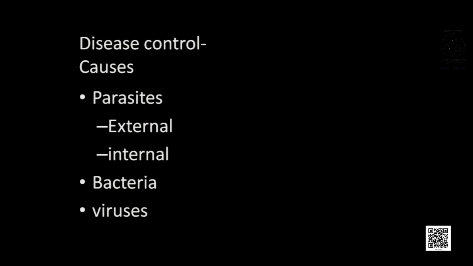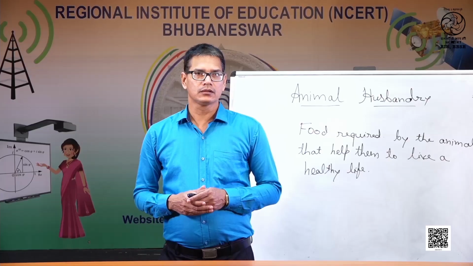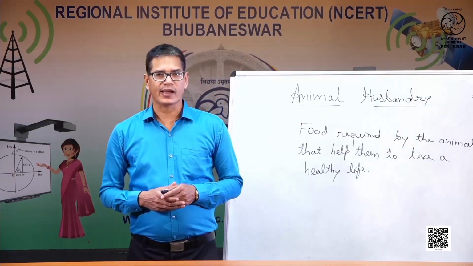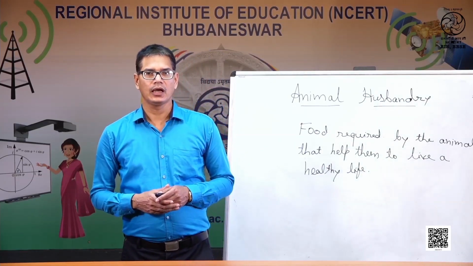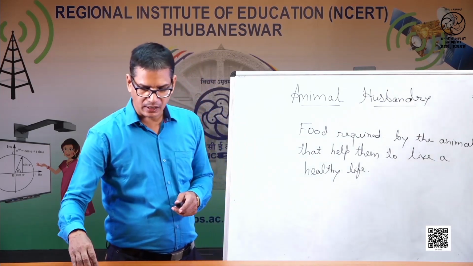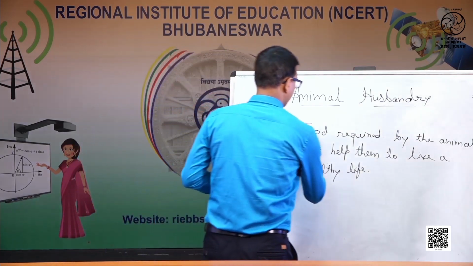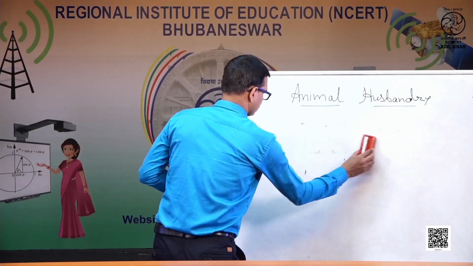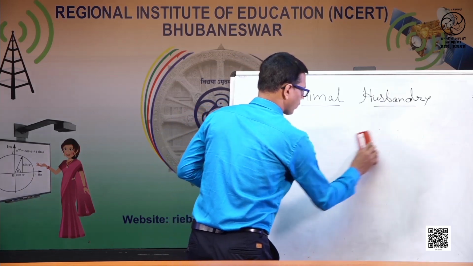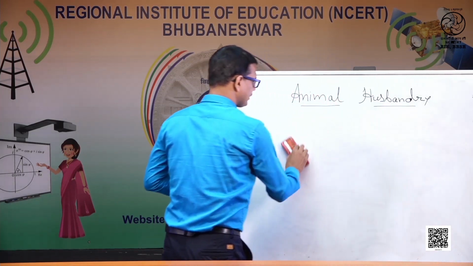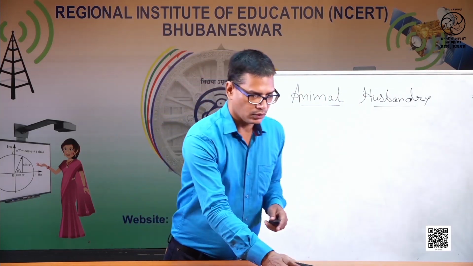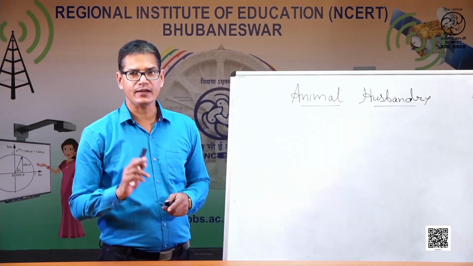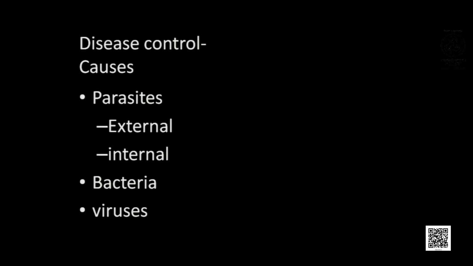Now, next one is disease control. Various diseases are due to various parasites and germs, and they can be controlled by preventive as well as curative methods. One by one, we see what the diseases are and what steps can be taken to prevent them. First one is parasites.